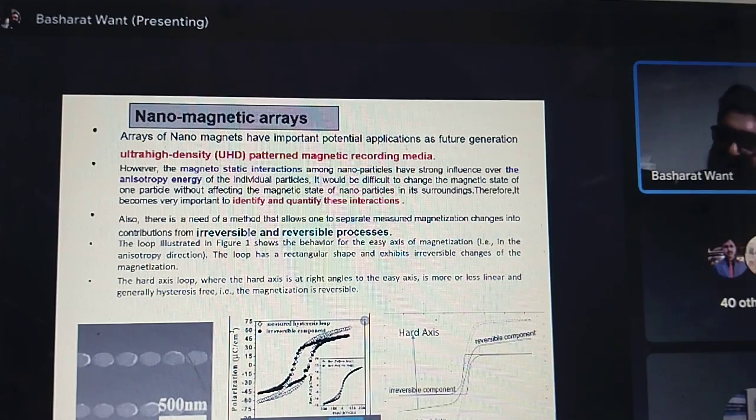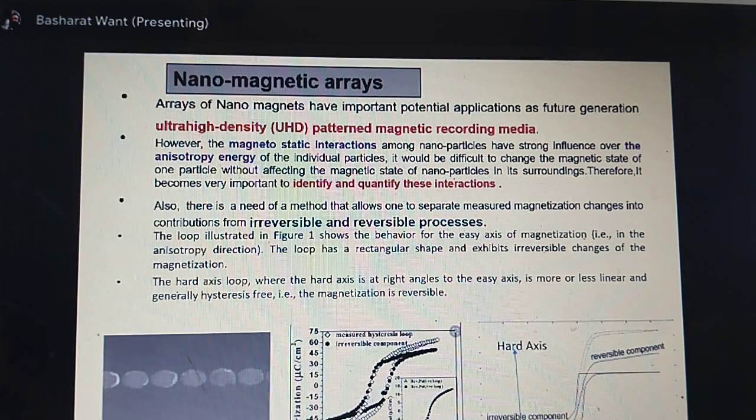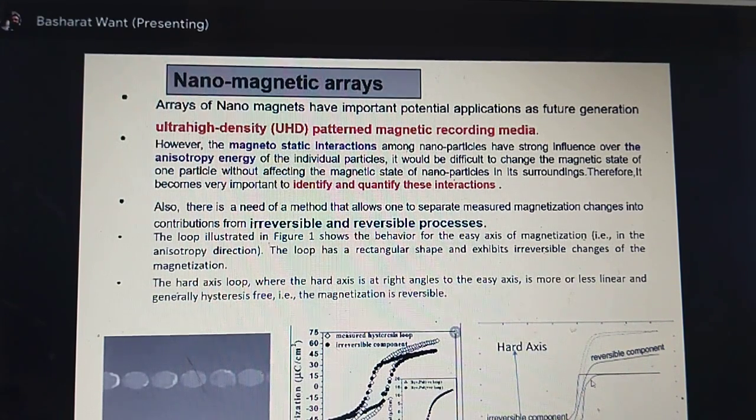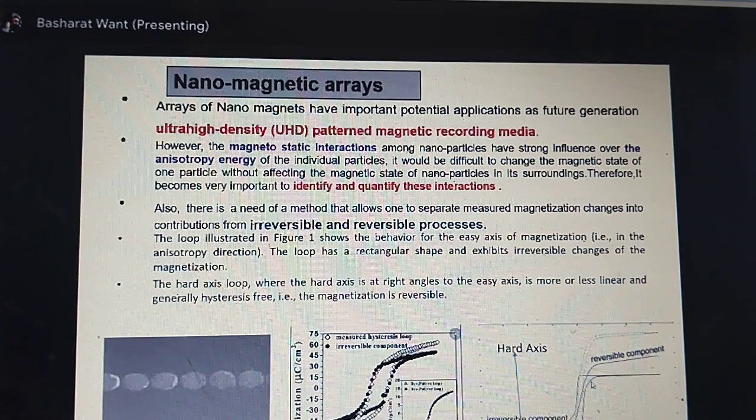So these reversible components are there, but irreversibility, as I said, is important because it is this irreversibility that gives the porosity to the system, and we require this porosity. We want that the system should retain the information. So we need to quantify these reversible and irreversible processes in a system.